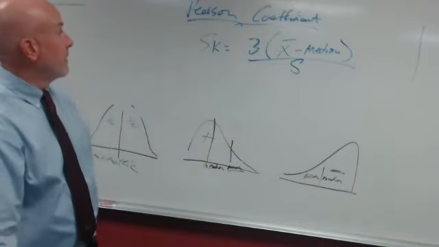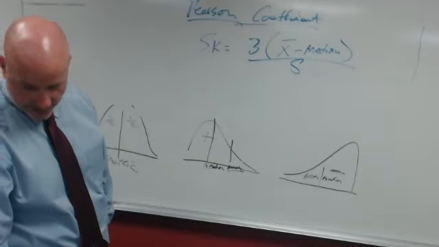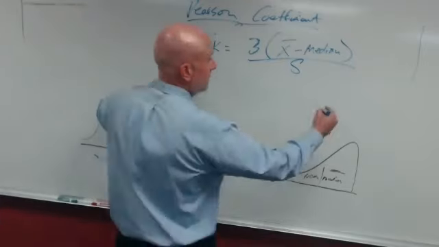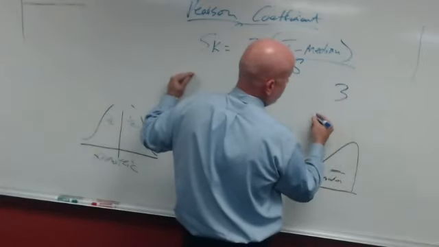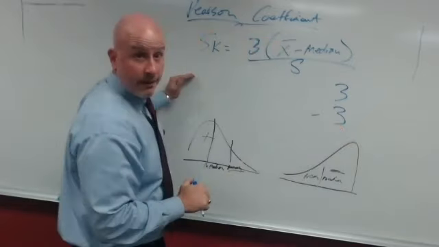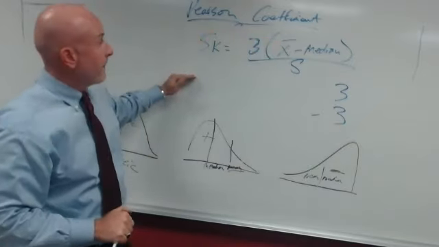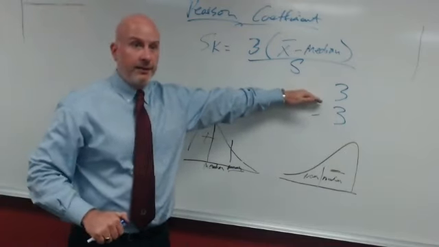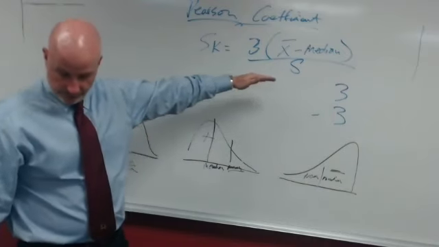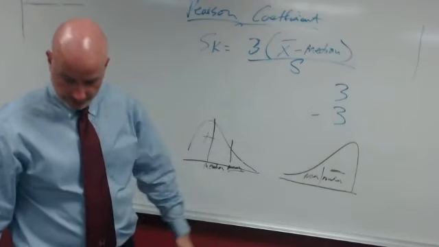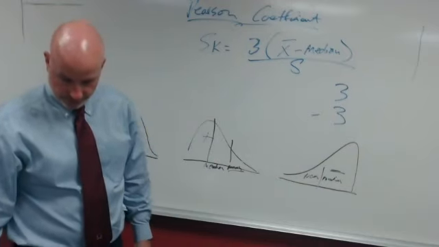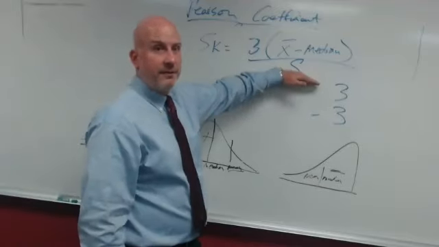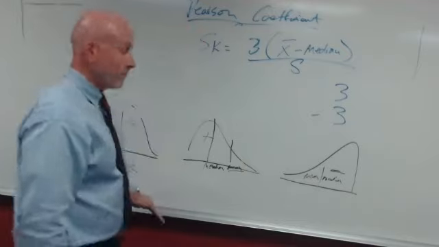Now when you calculate this, realize that the coefficient of skewness is going to range between 3 and -3. A coefficient of skewness calculated at 3, interpret it for me. The more I move toward +3, which way am I moving?